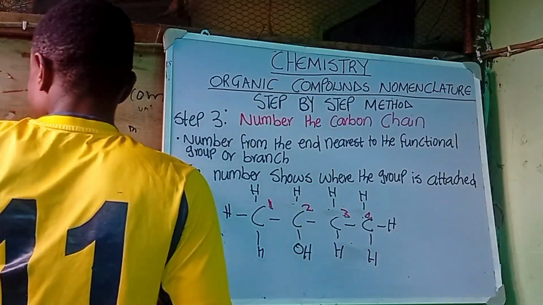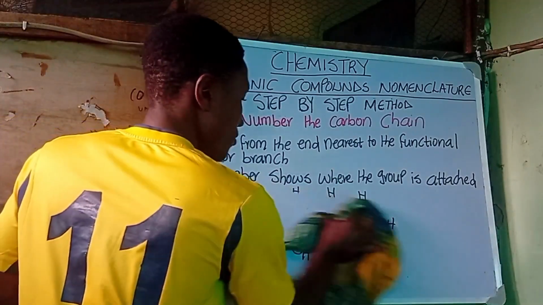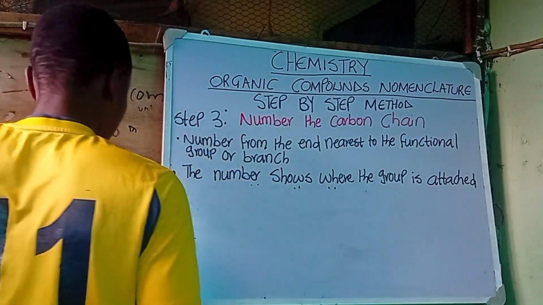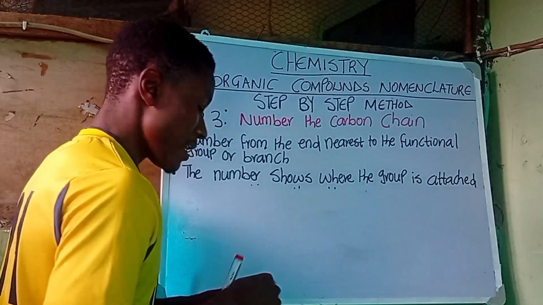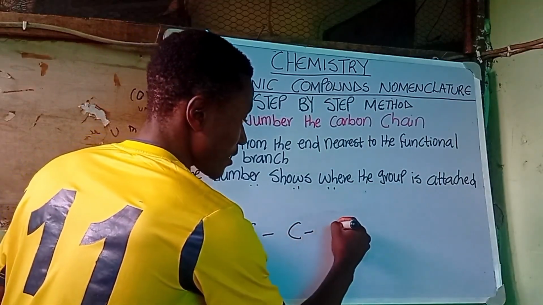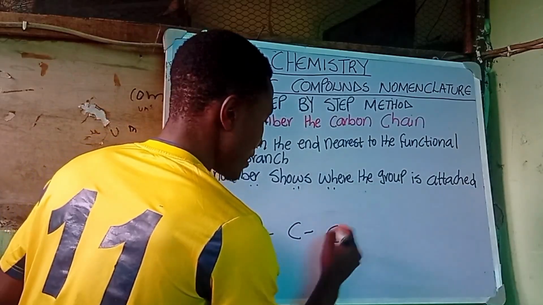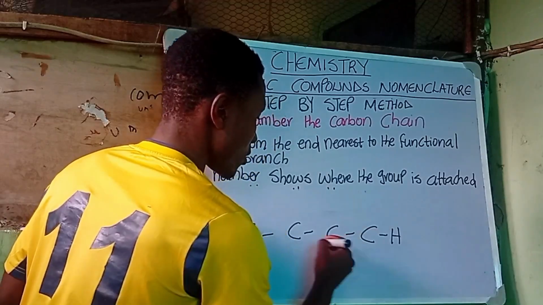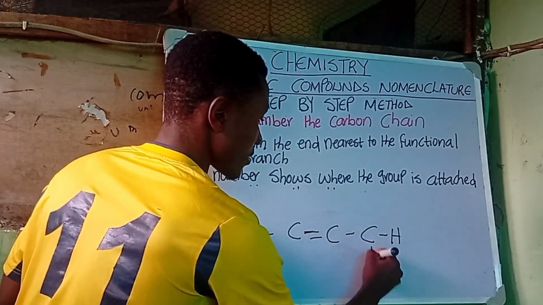Or also talking about the double bonds, we talked about the single bond, the double bond, and the triple bond. So let's say we have something like this, right?